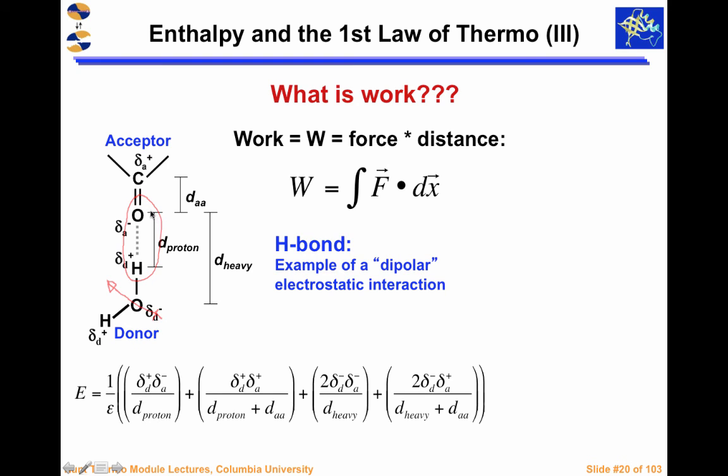So we will approximate the energy of the interaction by looking at the closest distances. In this case, we will look at the distance between the hydrogen atom donor participating in the hydrogen bond and the oxygen atom. In this case, it's an oxygen atom. Of course, you can also have nitrogens as acceptors. In this case, the oxygen is an acceptor.